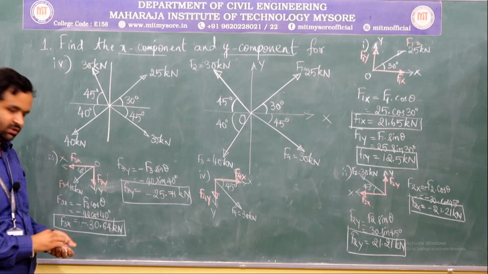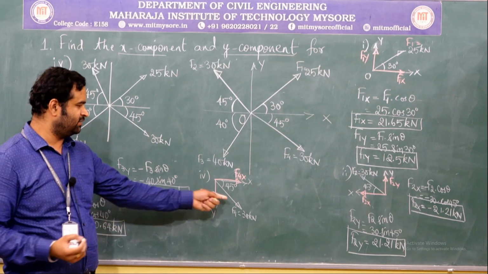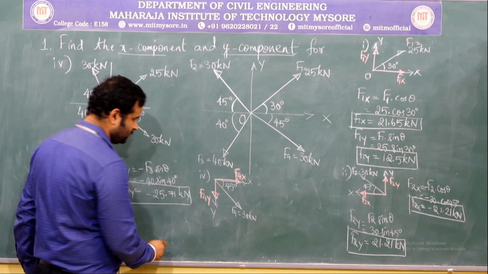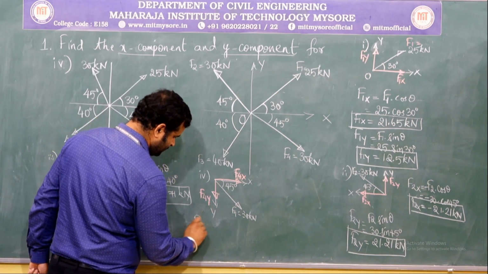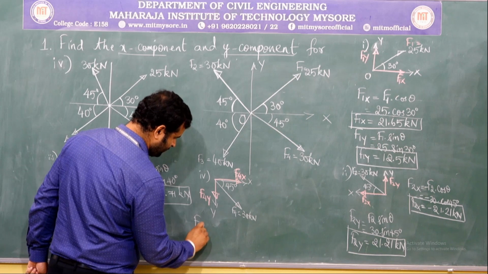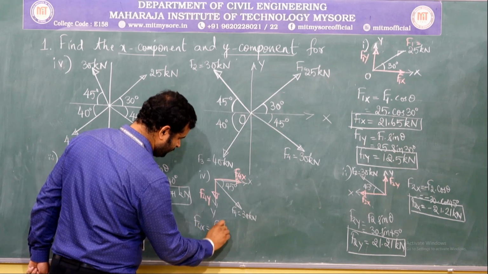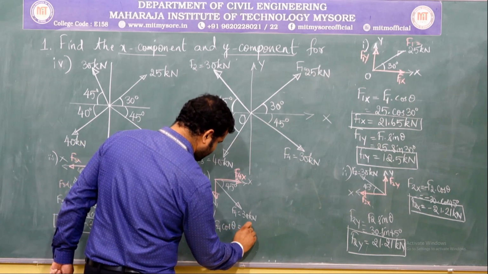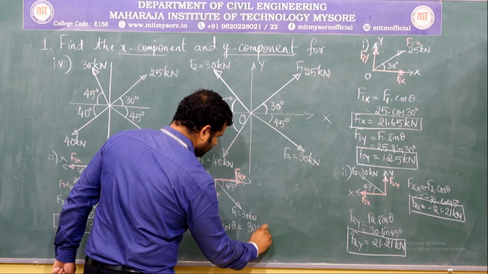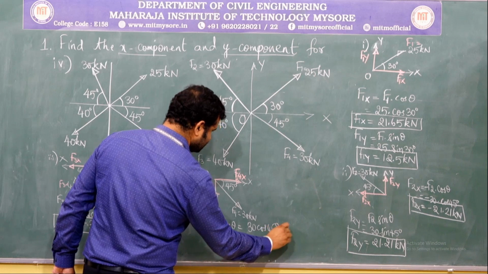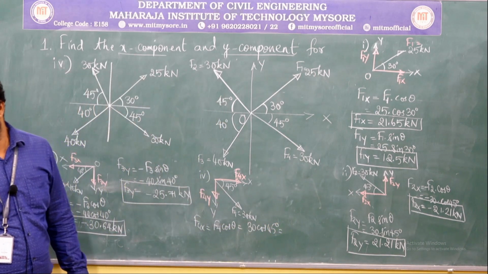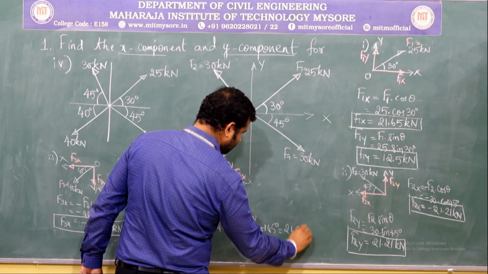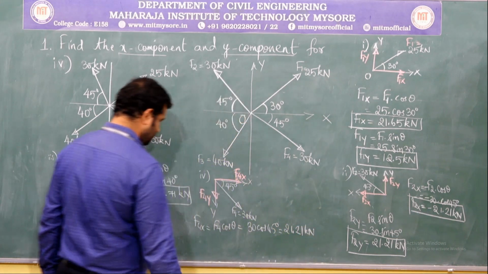Okay. So the sign convention in the fourth quadrant is x positive, y negative. So F4x is equal to F4 cos theta, that is equal to 30 cos 45, which is equal to 21.21 kilonewton.